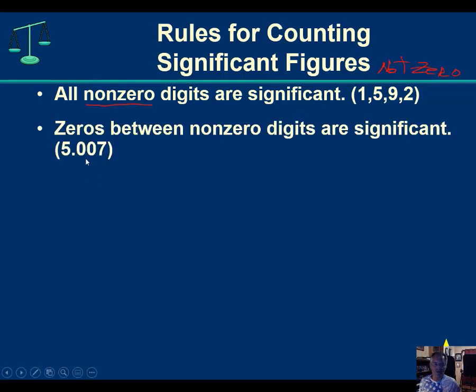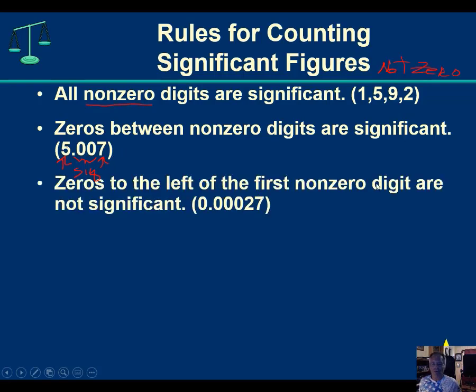Zeros between non-zero digits are significant. So here I've got a 5 here and a 7 here. Anytime you have zeros in a measurement that are between non-zero digits, these zeros are significant. Okay, so that's a rule that you need to be aware of.